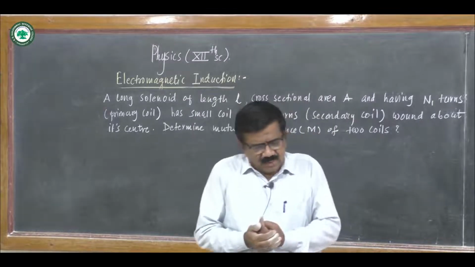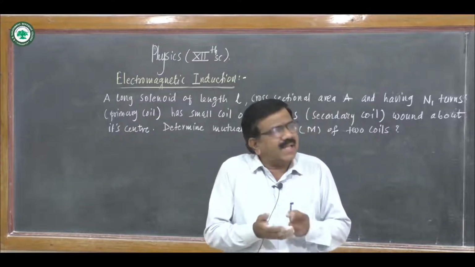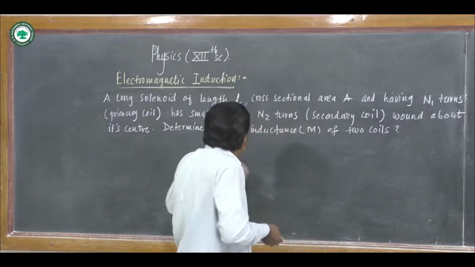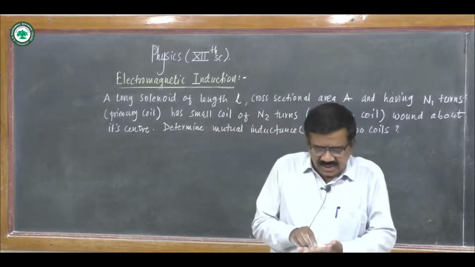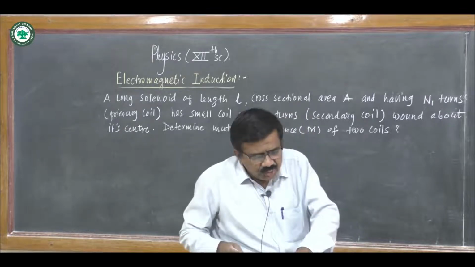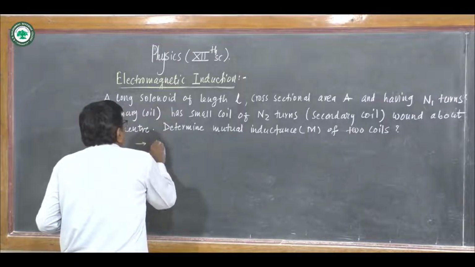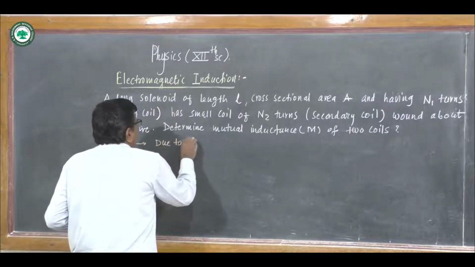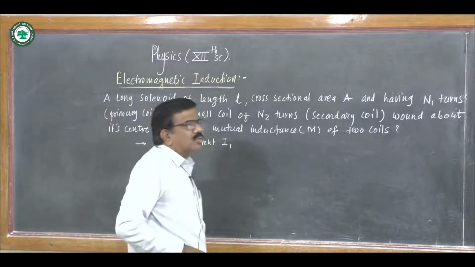Now see the problem. The solenoid is given: its length is L, cross sectional area is A, number of turns of primary are N1, number of turns of secondary are N2. Suppose the current through the first coil is I1.